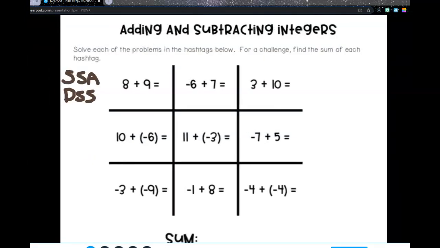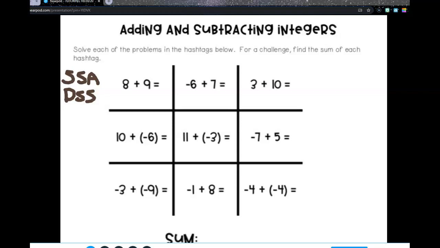There. Okay, so there are rules that go with integers. Did you see the videos that I had posted, the recorded lessons? I'll have to post them separately, but at the end of the Nearpods I had some videos posted. Because there are rules when you add integers.